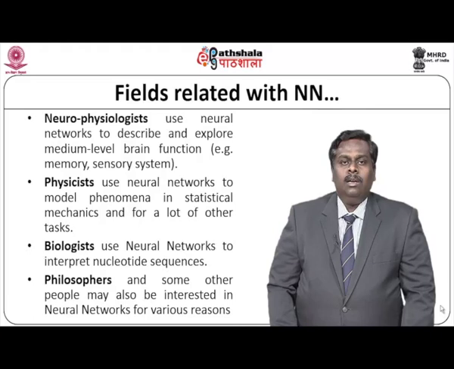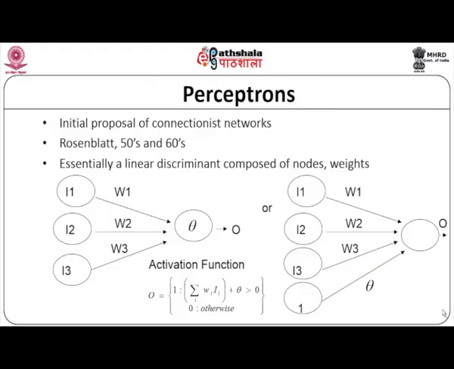Philosophers, at last, make use of neural networks for understanding the linkage between various individuals as well as for logical reasoning purposes.